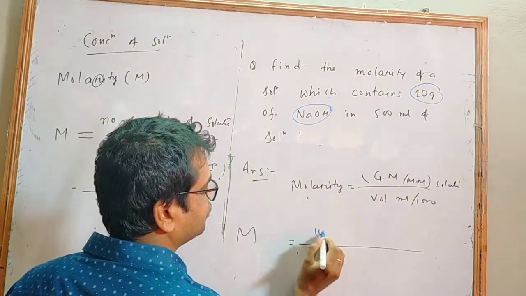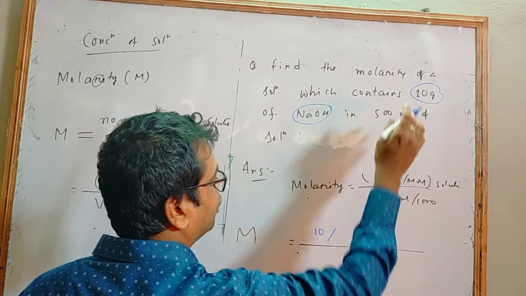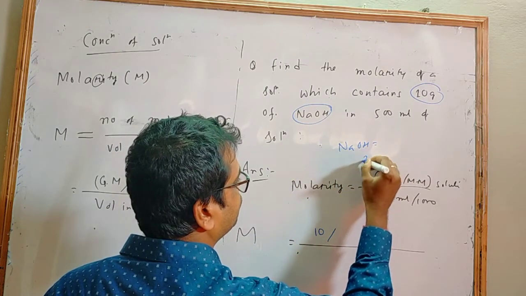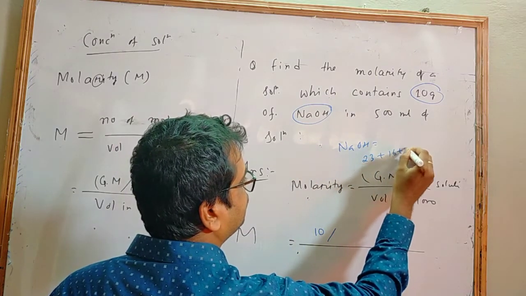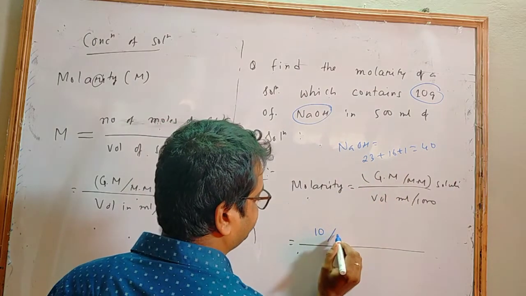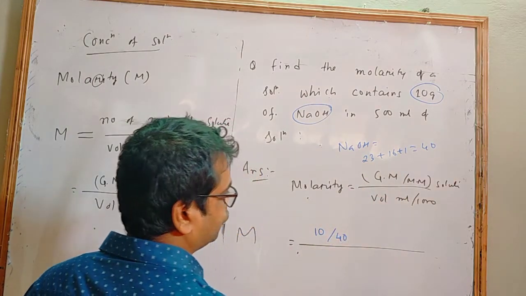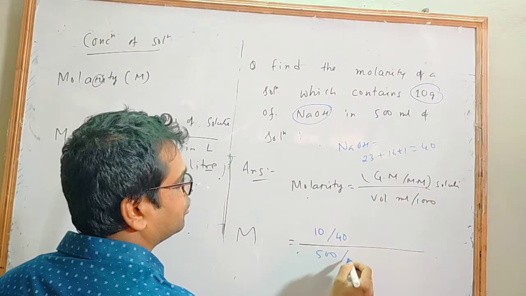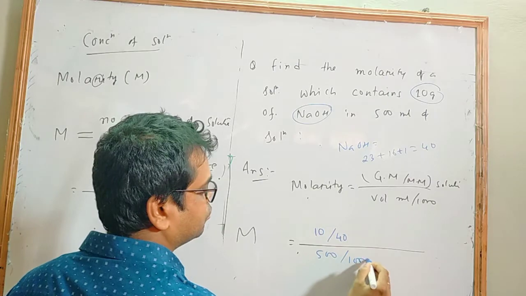The given mass is 10 and molar mass of NaOH, sodium is 23 plus 16 plus 1, that is 40. And volume in ml, how much is given? 500 by 1000.